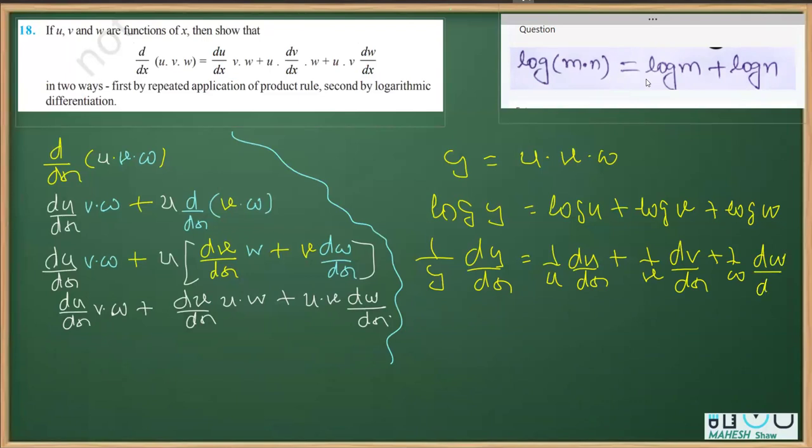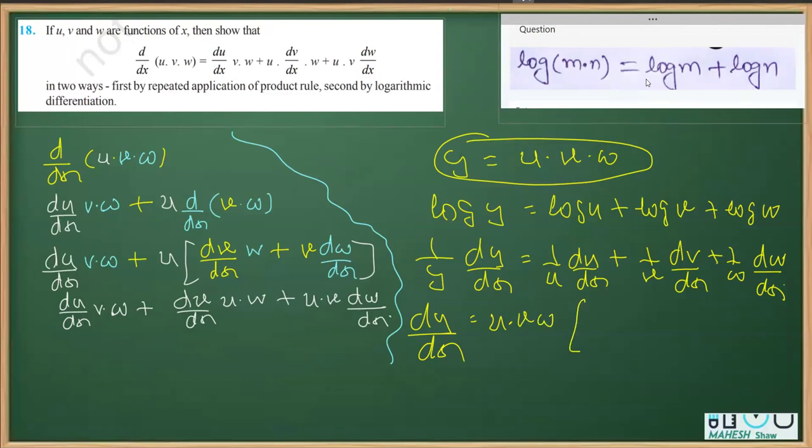Now I have to transpose this to the other side. If I do so, dy by dx is going to be y times this. And as we know y is u·v·w, I'm replacing y with u·v·w times, since I'm transposing this y to this place, the rest will be the same: 1 by u du by dx plus 1 by v dv by dx, and finally 1 by w dw by dx.